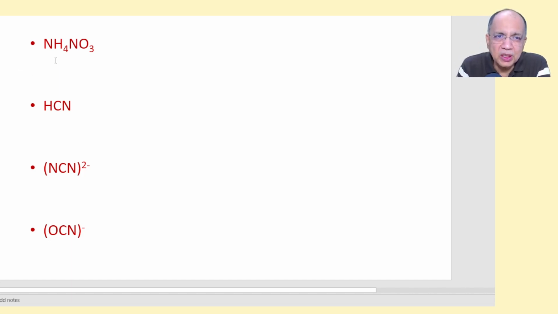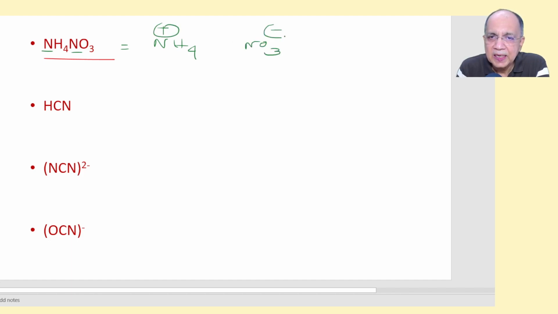But here, supposing I'll ask you to find the oxidation number of both the nitrogen atoms separately. So since this nitrogen is in cation, positive ion, and this is in negative ion, so you can't do it by 2x method. You have to split them into positive ion and negative ion and find out separately.